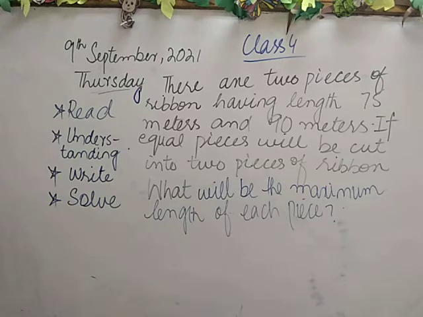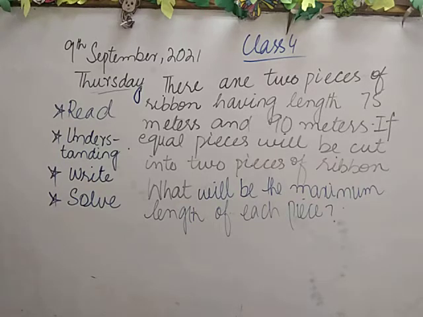Now I am going to read. You have to listen very carefully. I have a statement in which there are two pieces of ribbon having length 75 meters and 90 meters. If equal pieces will be cut from the two pieces of ribbon, what will be the maximum length of each piece?